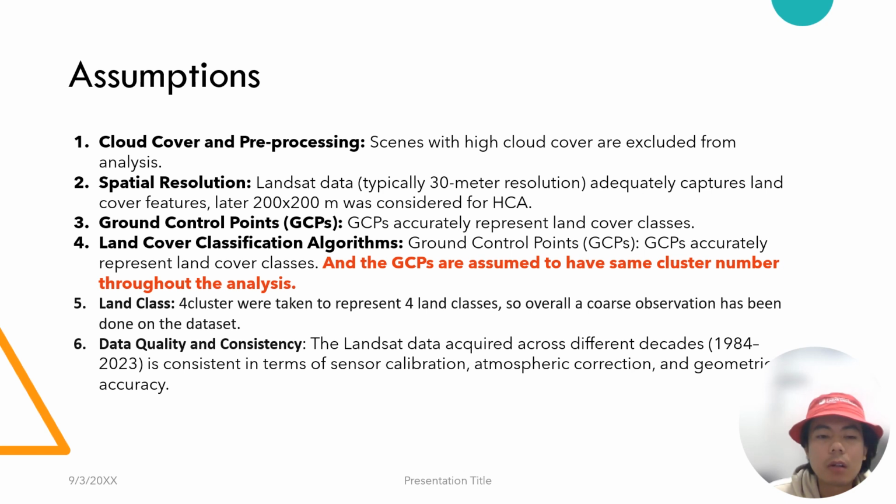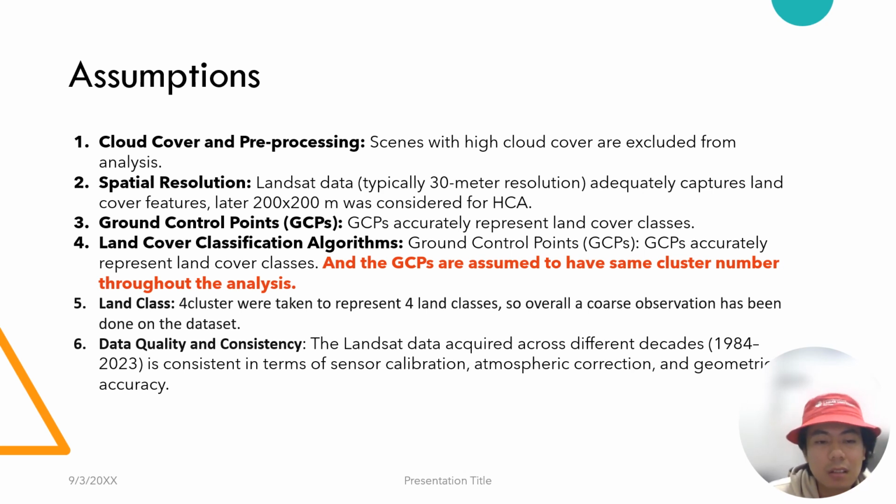However, after we got all the results, the clusters are not consistent. Therefore, we will say something for the future analysis. And for the land classes, we assume 4 clusters to represent the 4 land classes based on the elbow method.